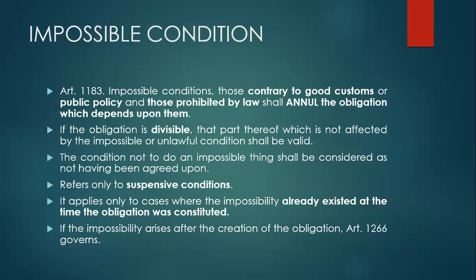So, again, let's go back to Article 1183. What is the effect if the obligation has an impossible condition? Again, it shall annul the obligation which depends upon them, which means that the obligation will not be valid.